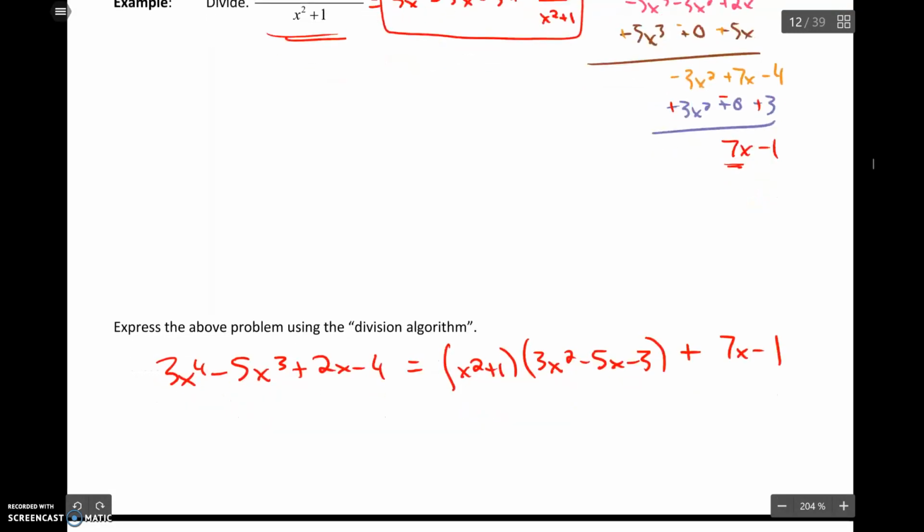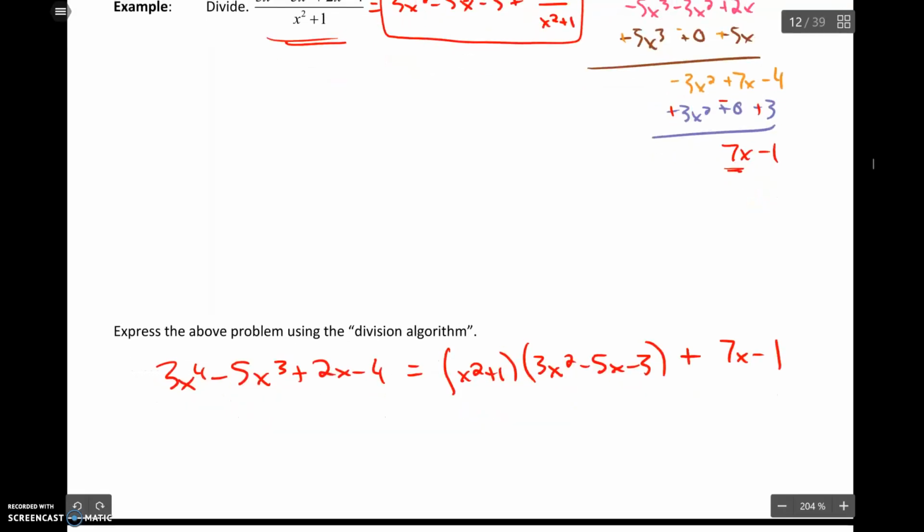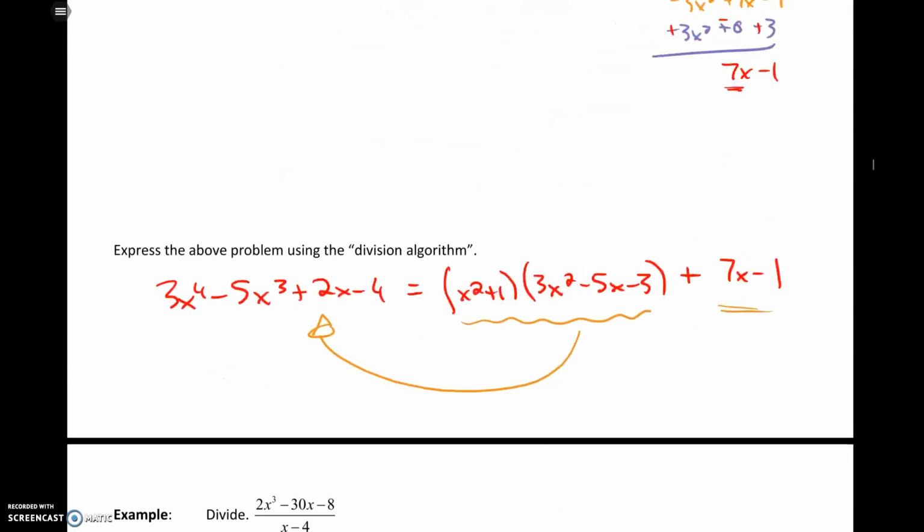And if we had more time or more motivation, I guess, we could actually distribute this out, expand it, add like terms, add a 7x, subtract a 1, and of course you're going to get this dividend right here. I'd leave that as an exercise to you if you want to see it.